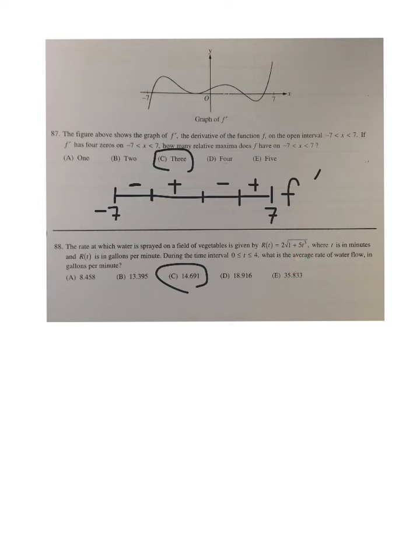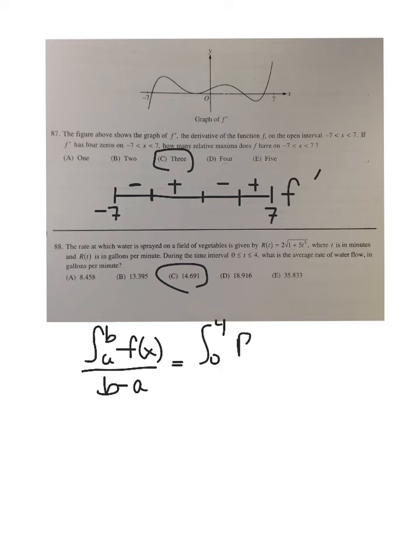And that word average means average rate of change. I'm sorry, average value theorem. And the average value theorem, if you recall, is an integral from a specific set of points, A to B, of f of x, over b minus a. All right, so in this case, they're saying to go from 0 to 4.